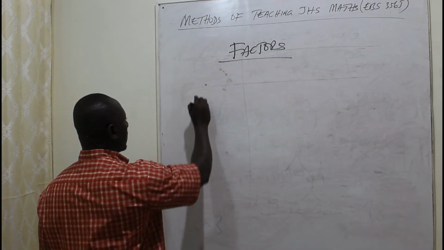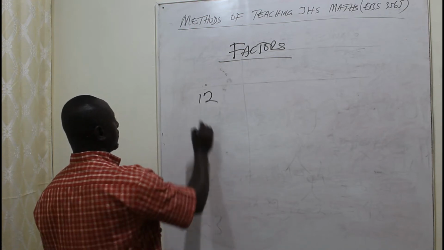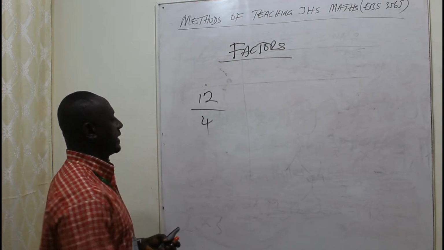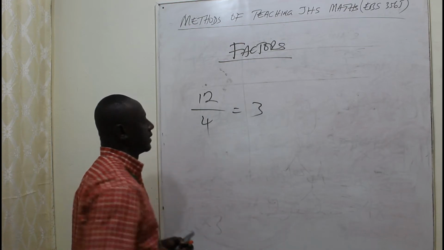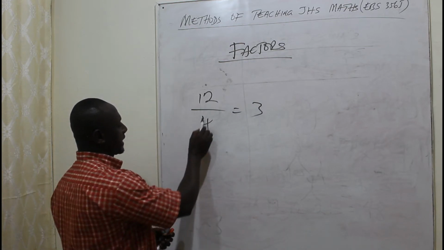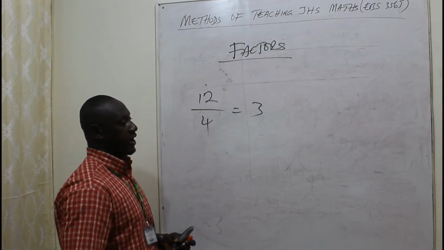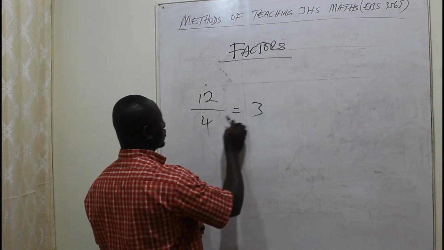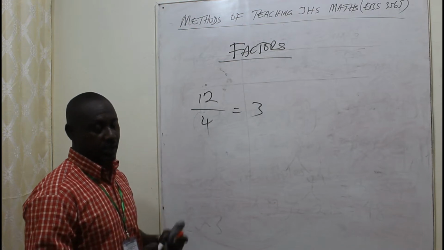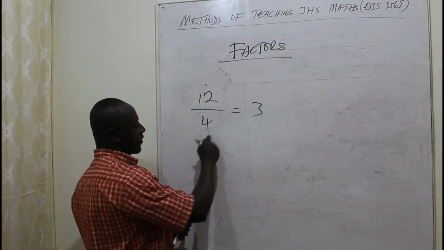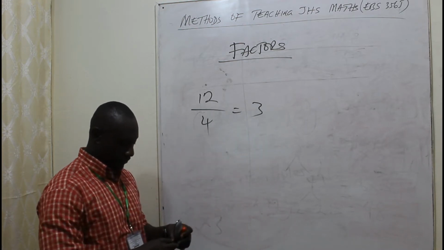For instance, if I divide 12 by 4 and it gives me a whole number, then the implication is that this 4 here is a factor of 12. And of course, the result that we get is also a factor of 12. In other words, if I multiply this 4 by 3, I'm going to get 12.